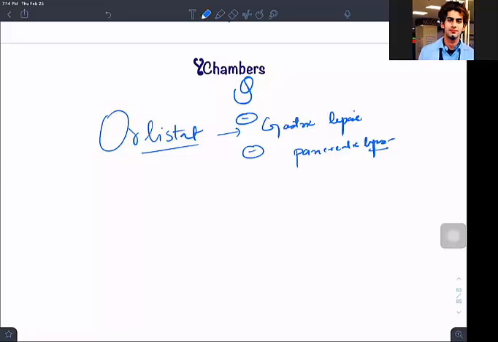That means it will decrease the absorption of dietary fats. Okay. So can I say it is helpful in weight loss? If I want to lose weight. Yeah.